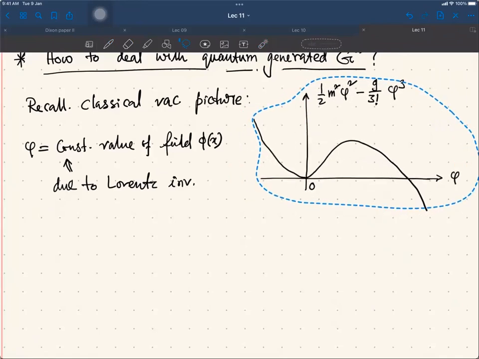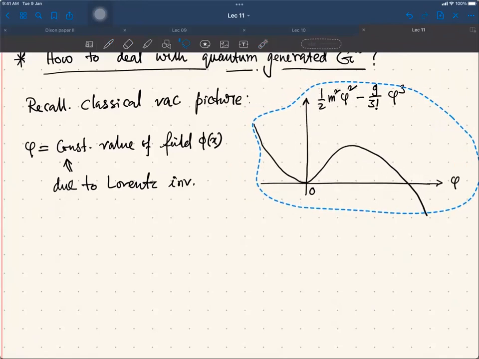Kinetic term is 0, and we plotted the potential term, and we found the minimum, and that's where we shifted the field in such a way that phi is equal to 0 and the potential is also equal to 0 at that local minimum. And that local minimum around which the quantization has been performed corresponds to the interacting theory vacuum.